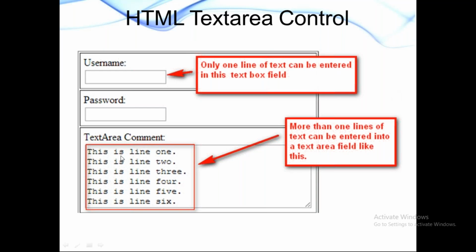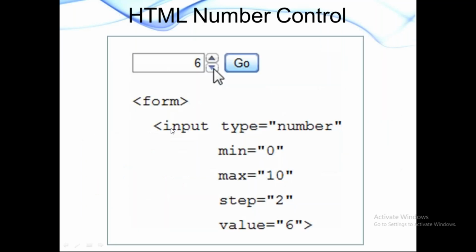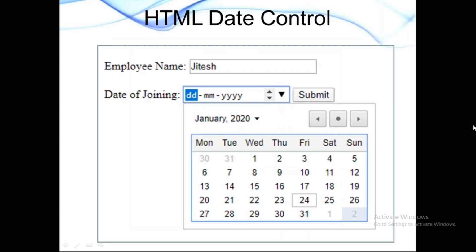Then you have the number control where you can specify the minimum, maximum, and then the step value also. Then the date control. Date control is a very versatile control. You can accept the date, the date and time, the week, the month, etc.